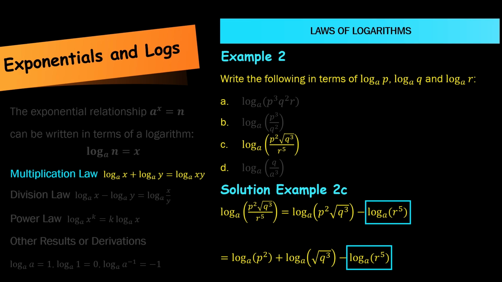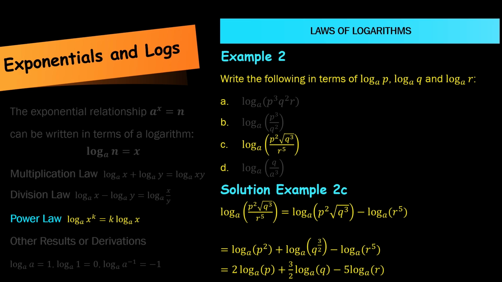And log r to the 5 is left as it is. And finally we apply the power law here, here, and here. And hence we have our expression in the required format.